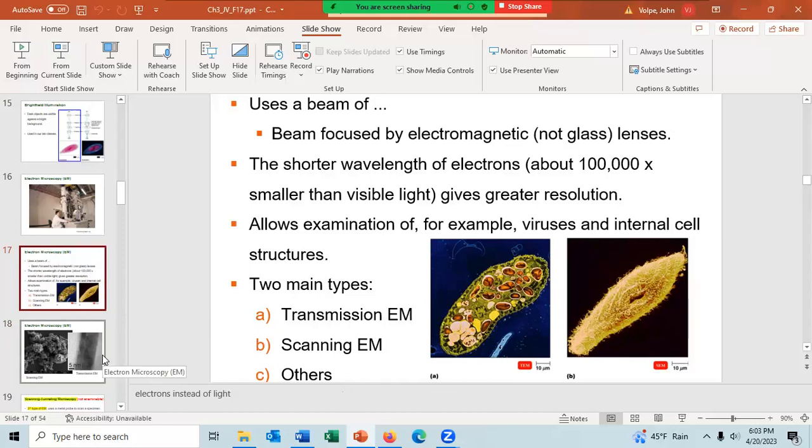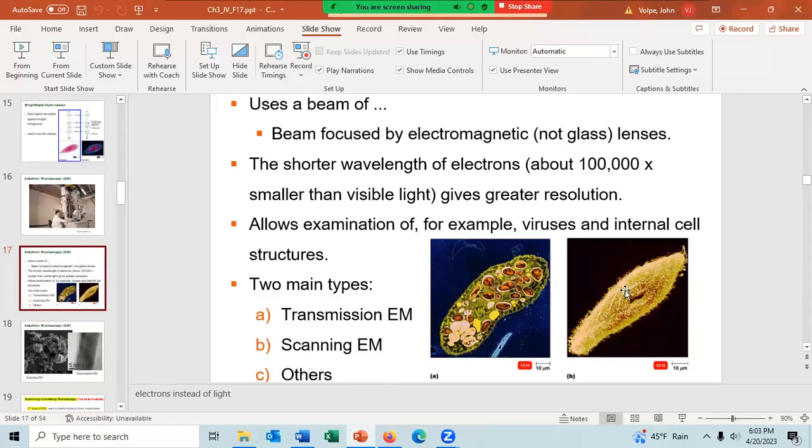Transmission electron microscopy views the inside of a specimen, or really it's only viewing one plane of the specimen. If you had it perfectly on the surface of this thing, if the surface were like a square, you could see the top surface, not the side surface or the bottom surface.